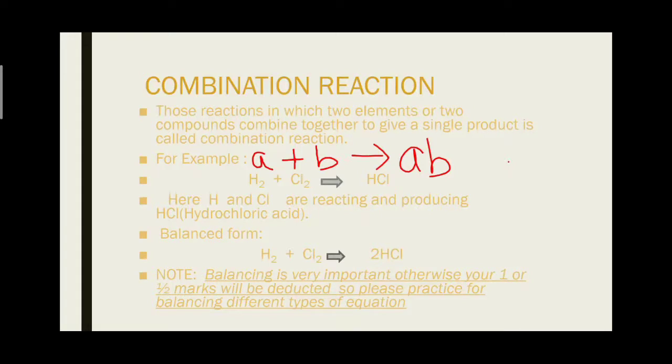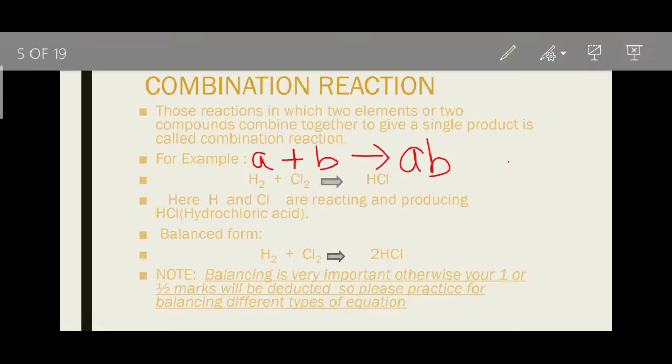For example, hydrogen gas reacts with chlorine gas and gives us hydrochloric acid, HCl, which is present in our stomach. So here H and Cl are reacting and producing HCl, hydrochloric acid. The balanced form of this reaction is H2 plus Cl2 gives us 2HCl.